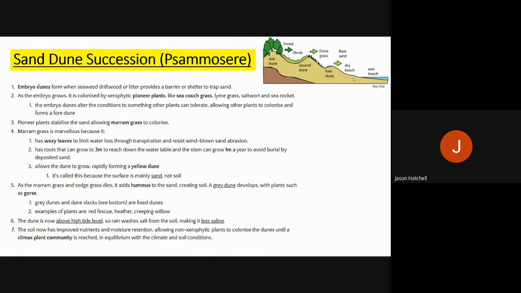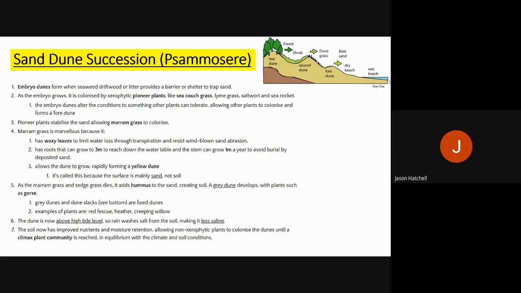They have pioneer plants and types of grasses in them. And these have to form around a large block of sediment in some way. And they alter the conditions that other plants can tolerate. So they colonize and they form a foredune over time.